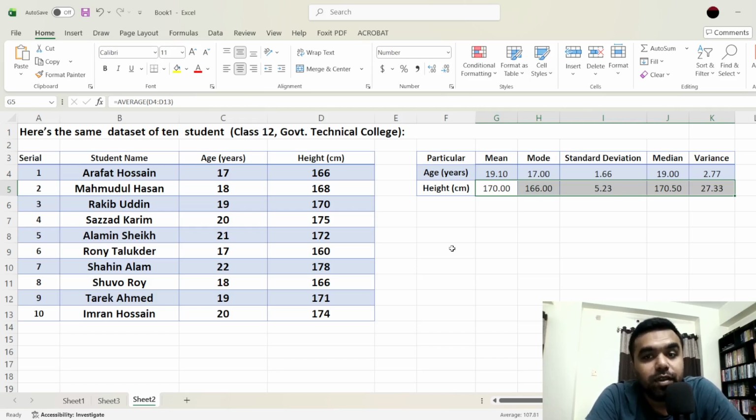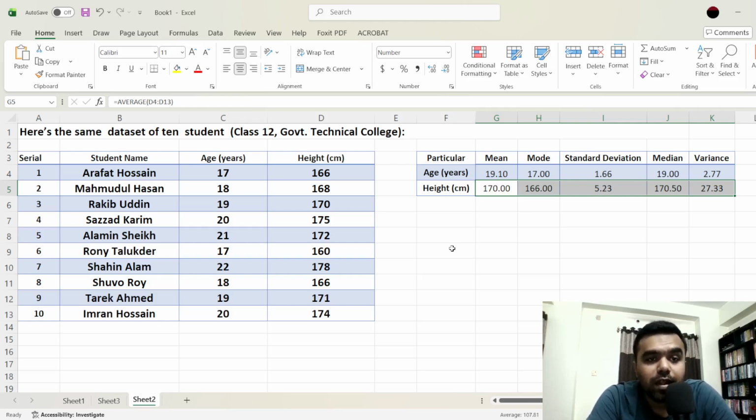Now we know that the average of the students' age is 19 and the average of their height is 170. So this is a simple form of data analysis. Now let's see, can we get a regression equation from this table, or ANOVA?